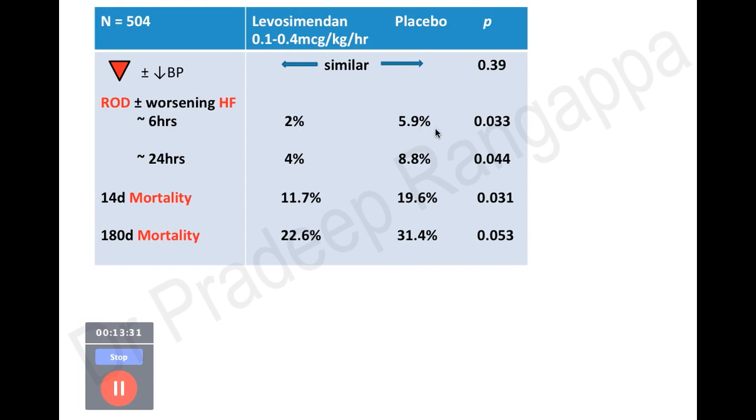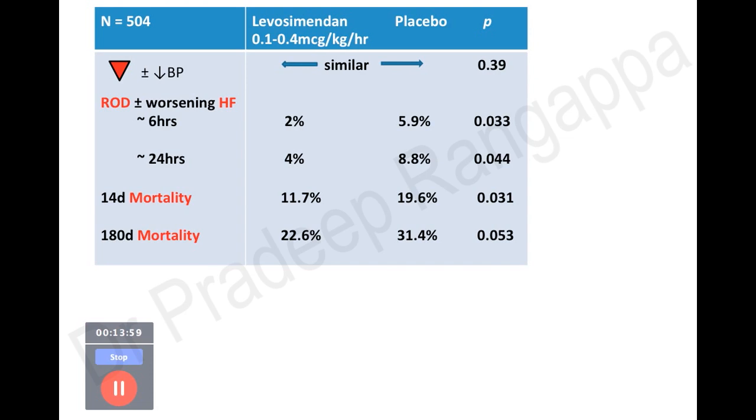That was statistically significant. And at the end of 24 hours also, the risk of death was significantly less. In the levosimendan group, 40-day mortality also was significantly less, and 180-day mortality also was very low. So again, this is in contrast to your SURVIVE trial, where it did not show benefit. The RUSSLAN trial shows there was a mortality benefit at 6 hours, at 24 hours, 14 days and 180 days.